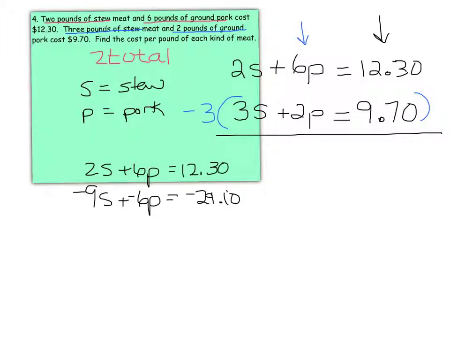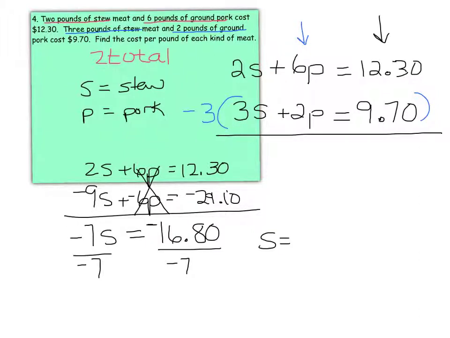And the second equation I went ahead and did, it's -9s and -6p equals -29.10. So then you're going to go ahead and eliminate. That gives you -7s equals -16.80, and I divided both sides by -7, so your stew is 2.4.